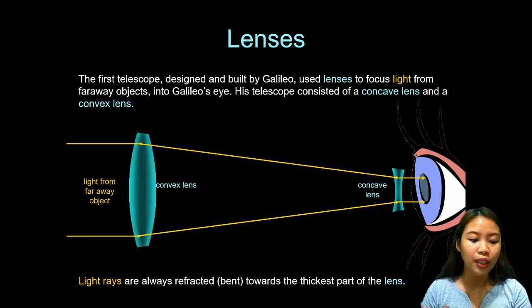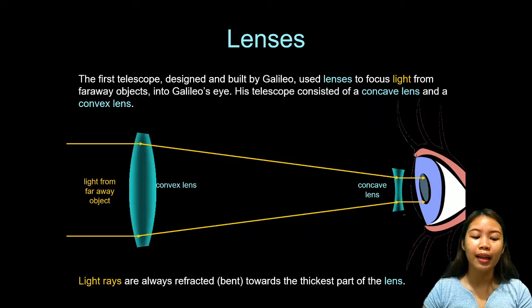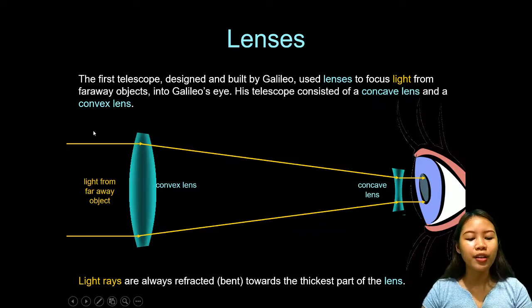Here we have the parallel light rays, and they enter the convex lens.